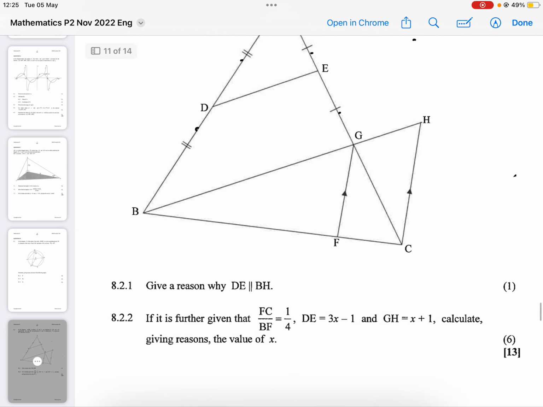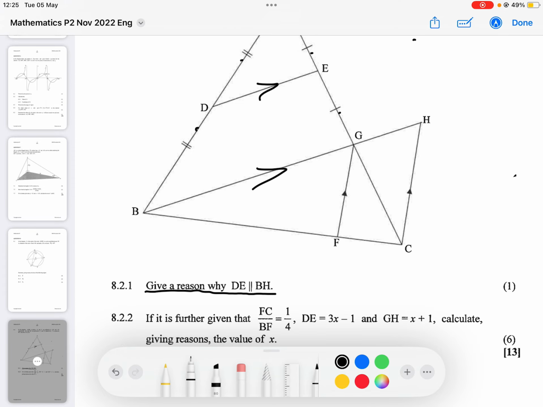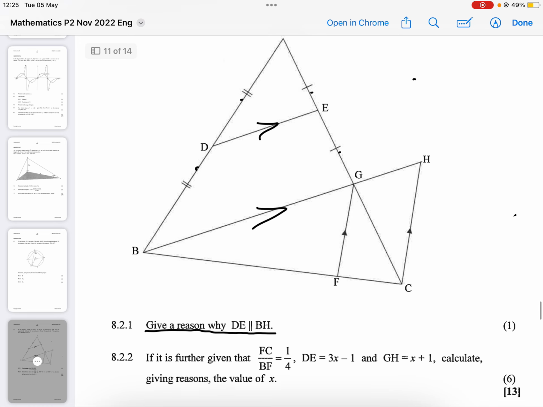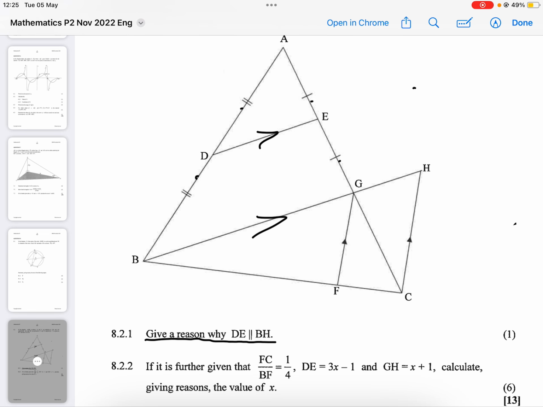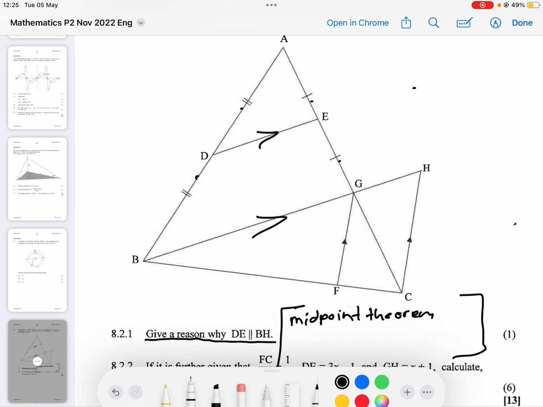So all the information is given. Now let's find the first question here. The first question asks us to give the reason why DE is parallel to BH. Why is this one parallel to this one? You're going to have two solutions here. You can say it's the midpoint theorem, or you can say it's the converse of proportionality.